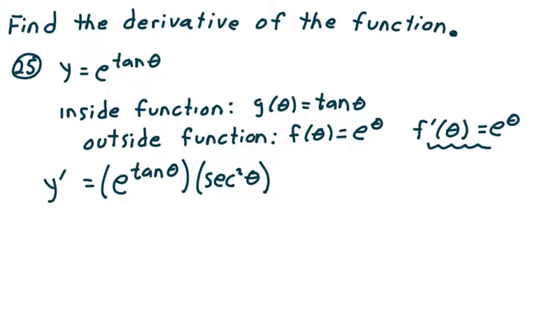Let's take a look at another example. Suppose I take a look at 30. So on 30, we have f of z is e to the z over z minus 1. Okay?